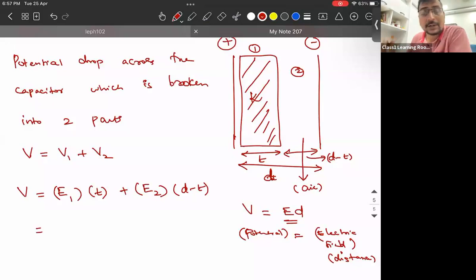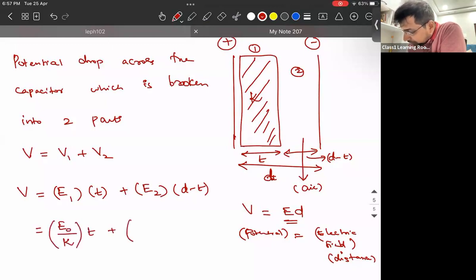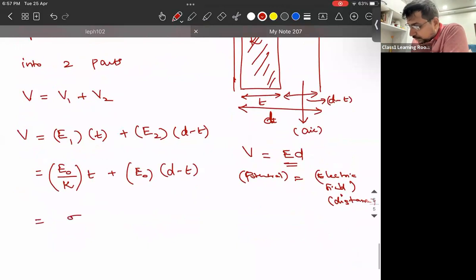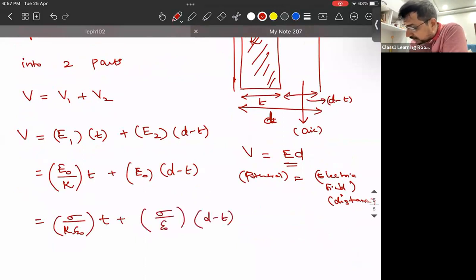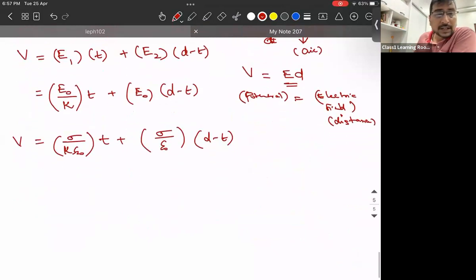So what is going to be the value of E1? E1 will be E naught divided by kappa multiplied with T, plus E2 is going to be E naught into D minus T. So what is E naught? It is sigma divided by epsilon naught. So sigma divided by kappa into epsilon naught into T, plus sigma divided by epsilon naught into D minus T. This is going to be the value of V.